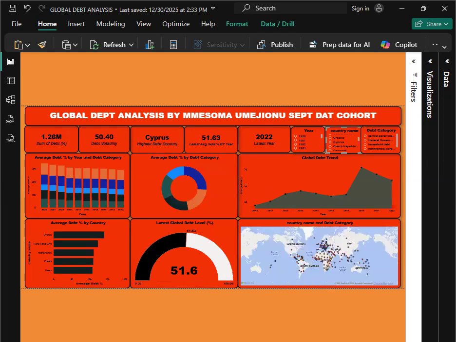And the most recent year of analysis is 2022. These metrics give us a high-level view of the global debt pressure and recent trends.